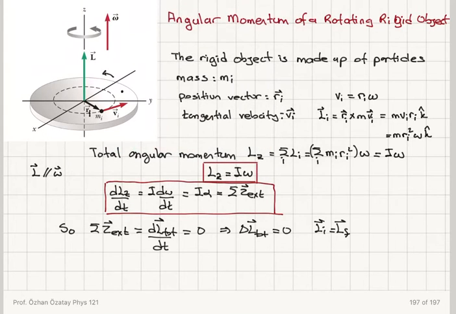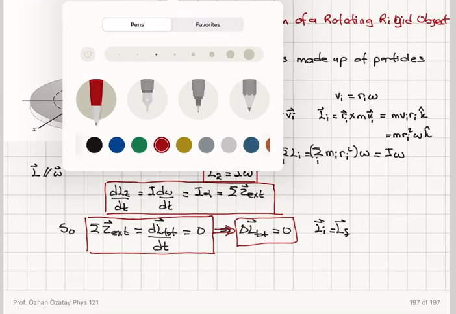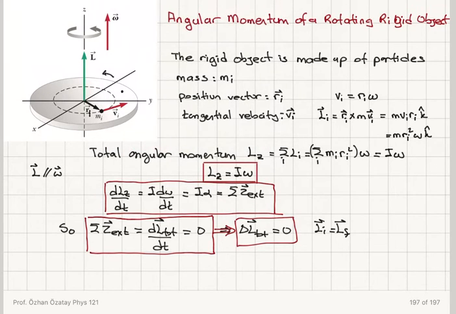The initial angular momentum vector should be equal to the final angular momentum vector. Angular momentum can be conserved only if this condition is satisfied. So if that is satisfied, then I have the total angular momentum constant of this motion.